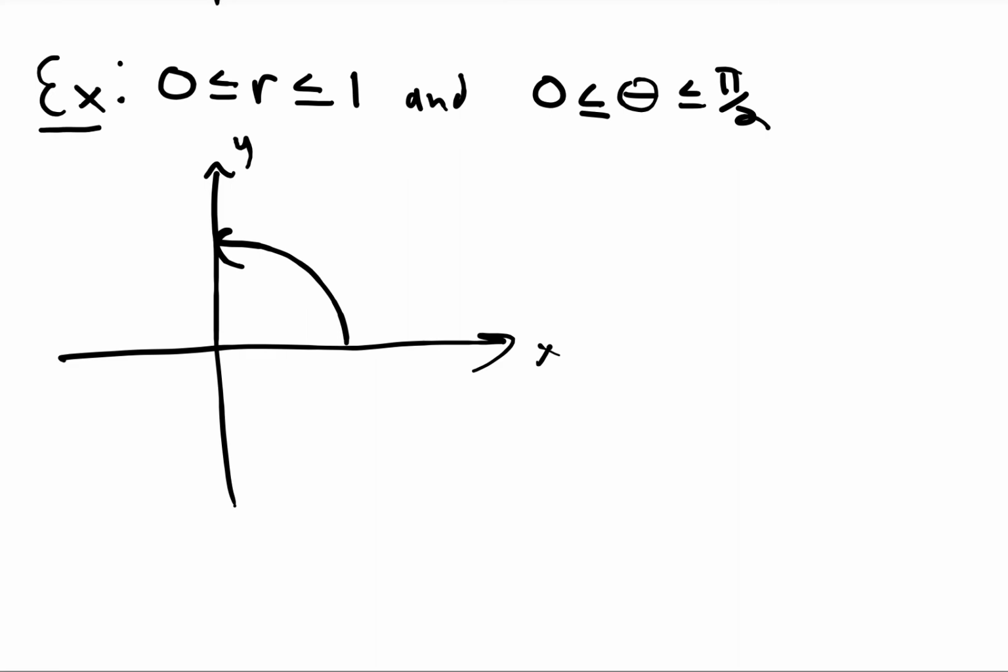If I go 0 units away from the origin, I'm at the origin. If I only allow myself to go 1 unit away from the origin and have that as my boundary, this gives me this region here. If I wanted the full circle, we could just let the angle go all the way up to 2 pi. So hopefully we can see that by varying these intervals, instead of integrating over some messy function, maybe if I have something round, and we'll investigate this in the next section, I might be able to use these numerical bounds to help me out a little bit.